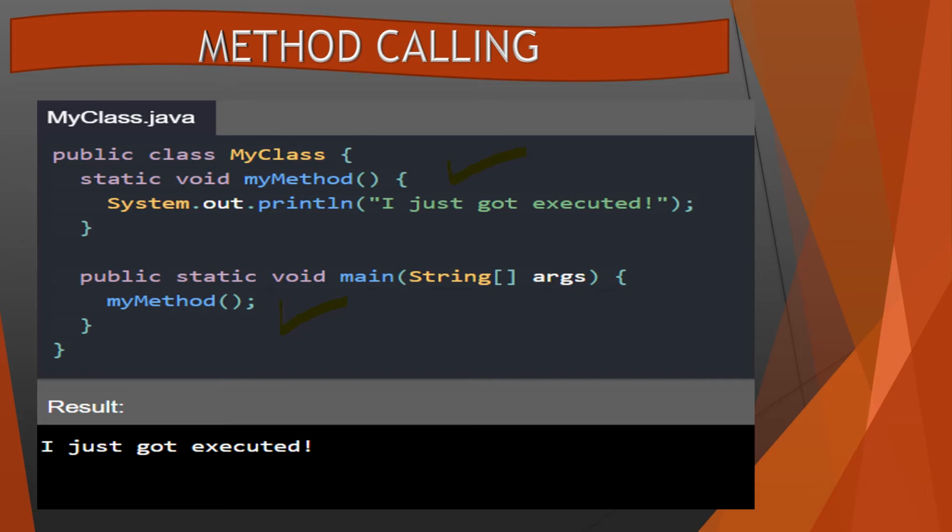Okay. As you can see in our example, we have our method named myMethod inside the class named MyClass, and in our main method, this is where we call our method, and that is how we declare it inside the main class.